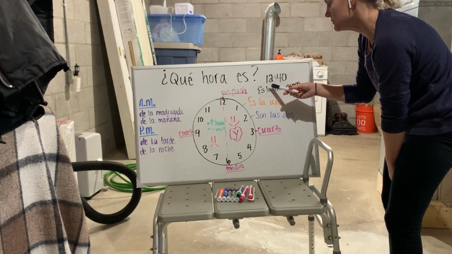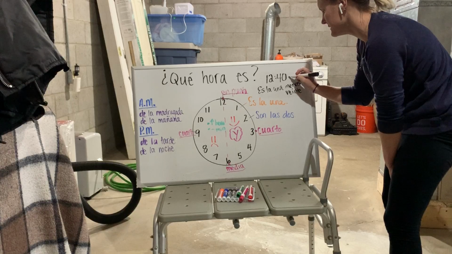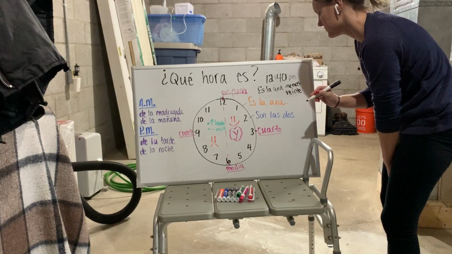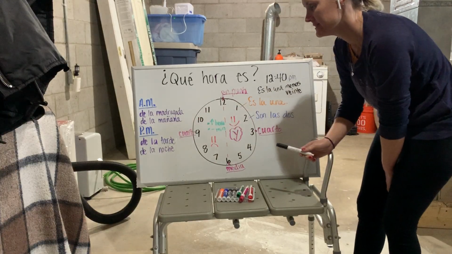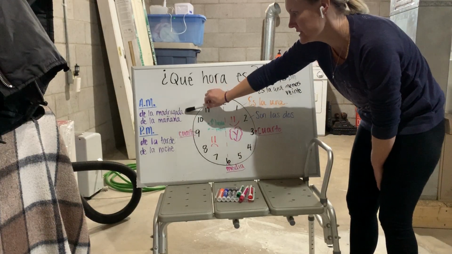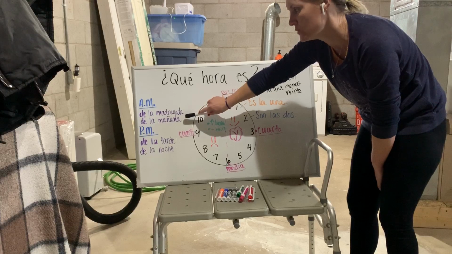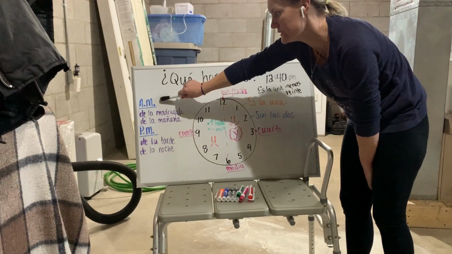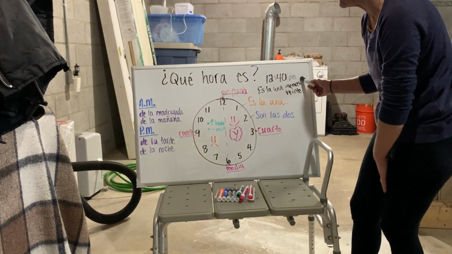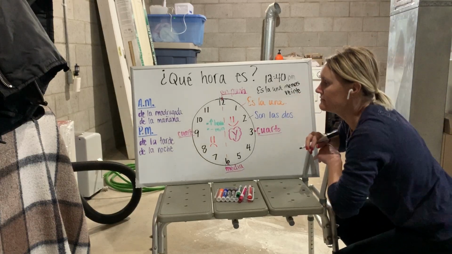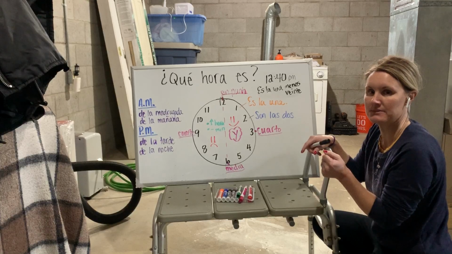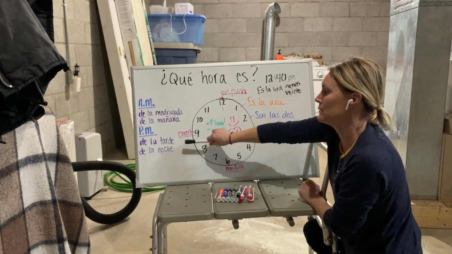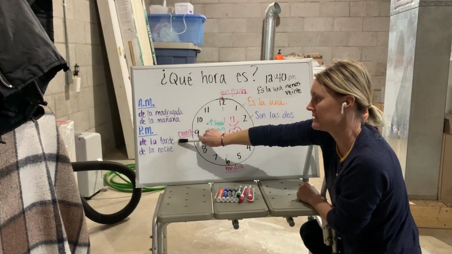Okay, now what if I wanted to say it's 12:40 p.m.? Which time of day phrase would I add to that? I know I'm not going to be using de la madrugada or de la mañana because that's for a.m. I want p.m. So 12:40 p.m., that's going to be like lunchtime. That's afternoon. So I would add de la tarde.